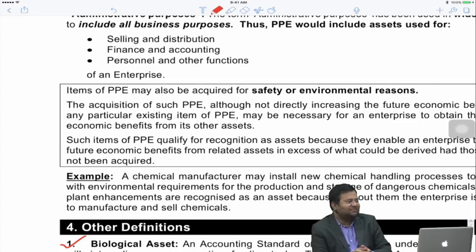Whether the purchase of this fabric or the making of the uniform would be called a property, plant, equipment.